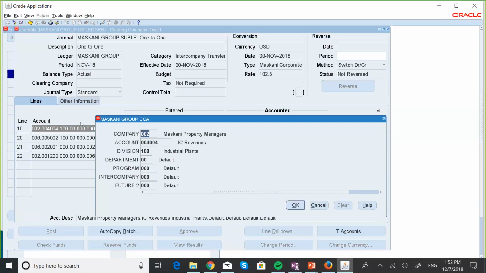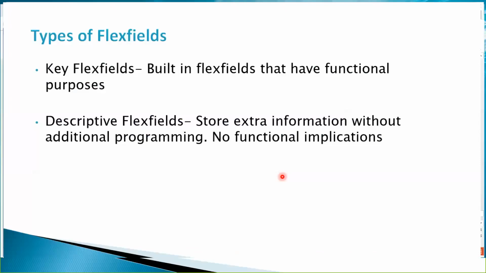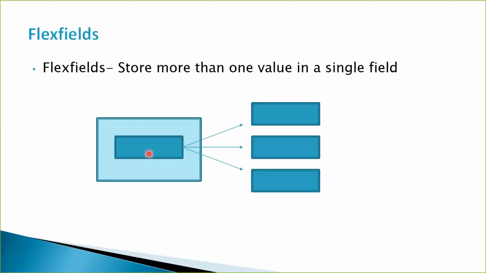But what I want to show is that we have this one field that contains the whole code combination, but in essence, we enter multiple values in different fields, okay? So this is a very good demonstration of this illustration here, whereby we have one field, assuming this is the Oracle screen, and then when you click this one field, it explodes into multiple other fields where we can enter multiple values.